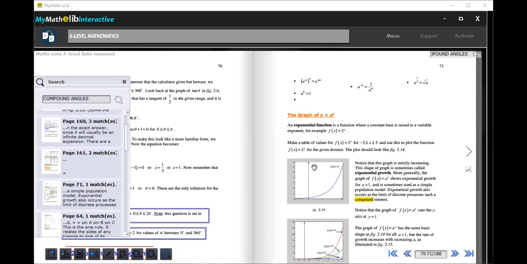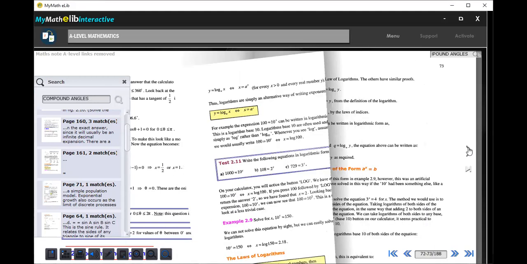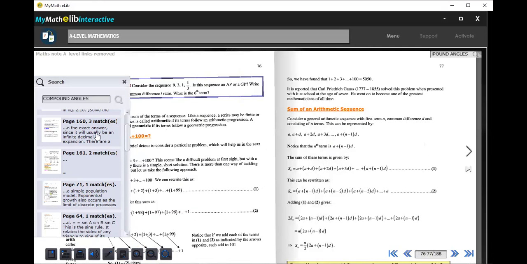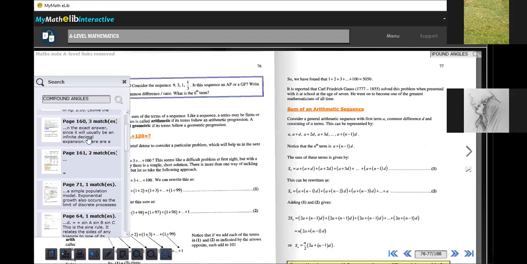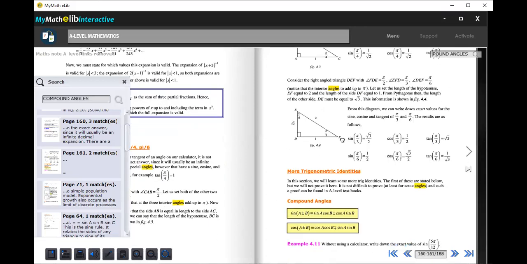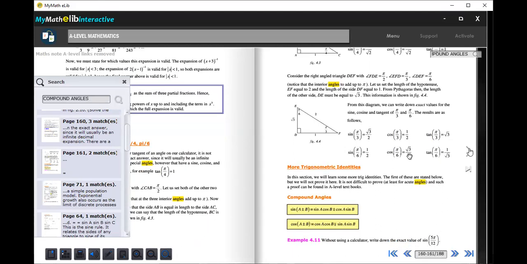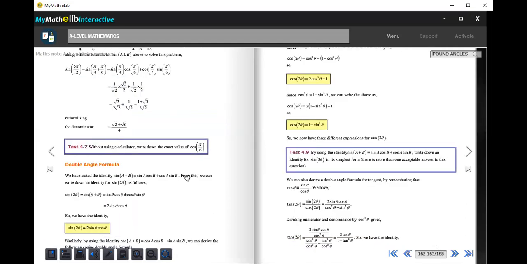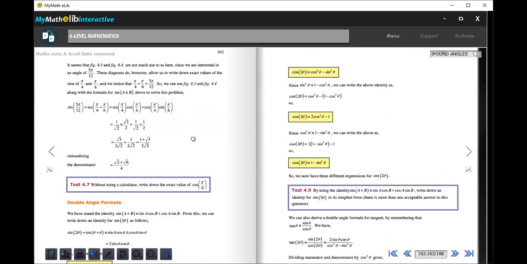So here we are. Last time we introduced compound angles, just like you can see them down there. Those are the angles we introduced. We also saw how we can simplify such.